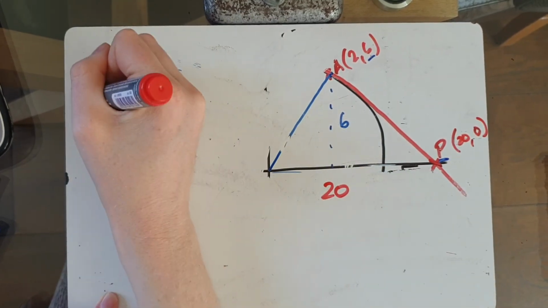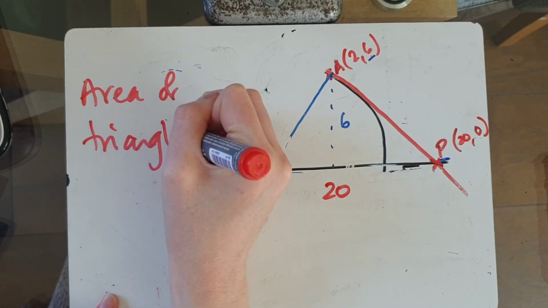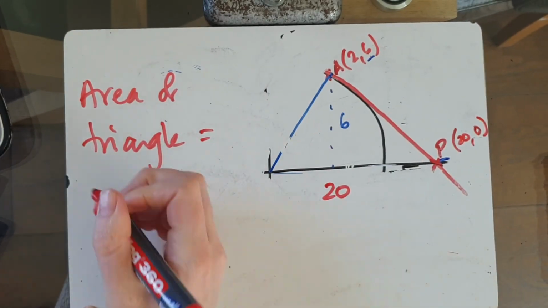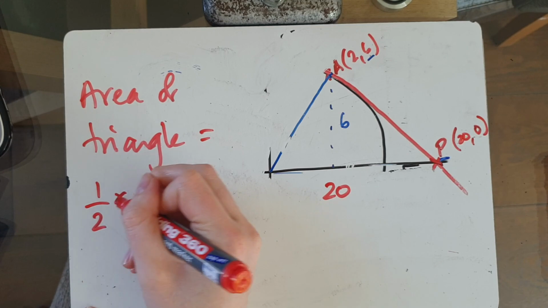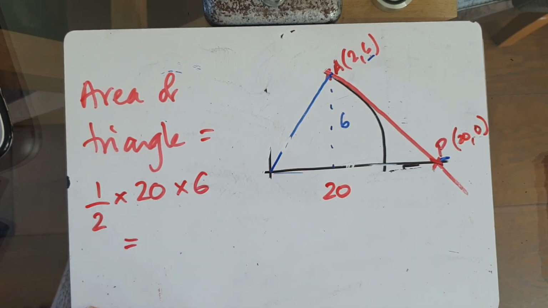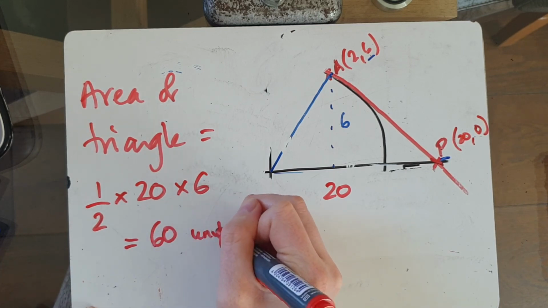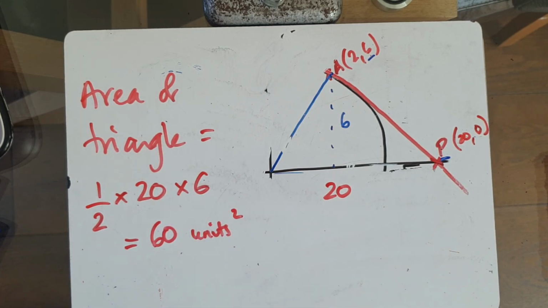So the area of the triangle is simply going to be half times base times height. So that should be 60 units squared.